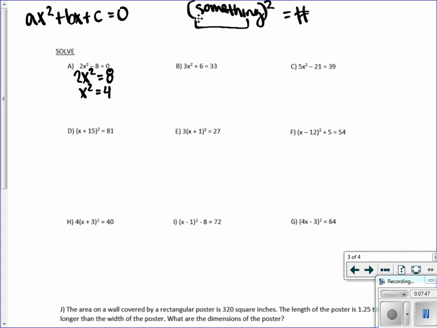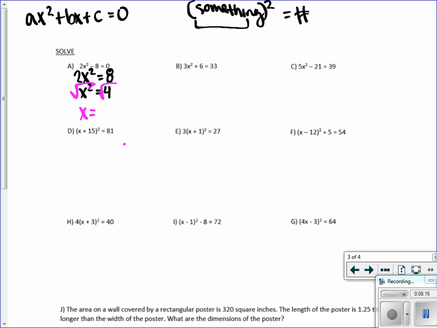Once you get to this step, where one side is something squared and the other side is just a number, how do you undo squaring something? Which is why we have to go back over simplifying square roots. Undoing something squared is taking the square root of it. And by the rules of solving equations, when you do it on one side, you do it on the other side. Taking the square root of something squared just takes away the square, so we're left with just x.